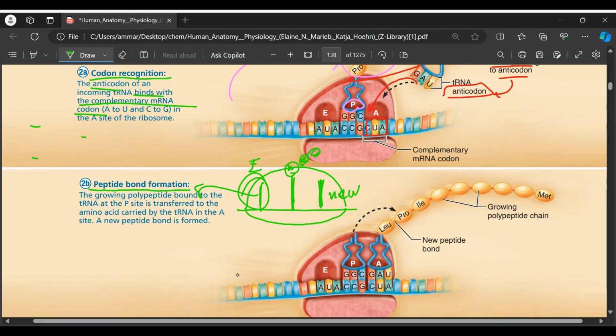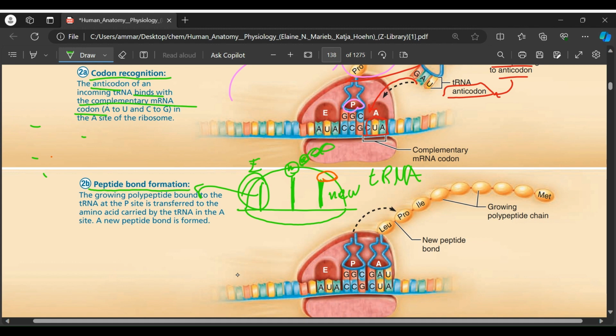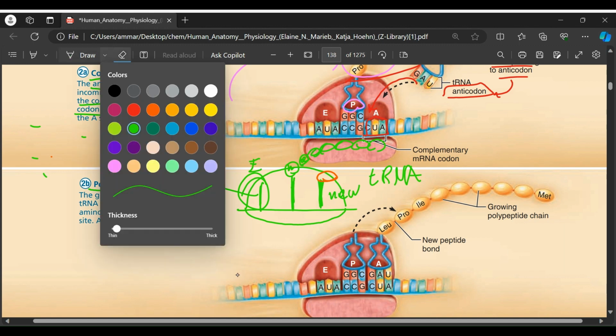So this new tRNA will also have an amino acid. I will go for orange here because I'm focusing on the new amino acid attaching to the polypeptide chain. How does this happen? I'm going to tell you.